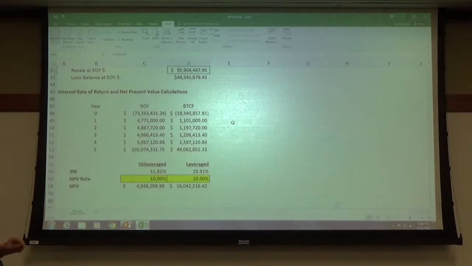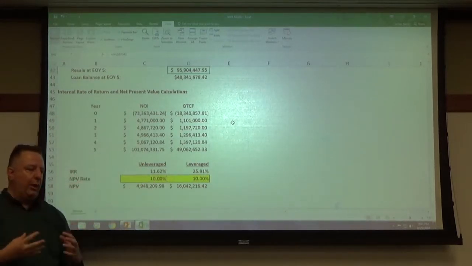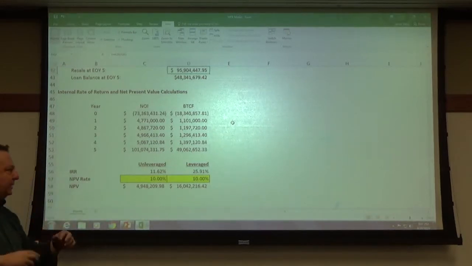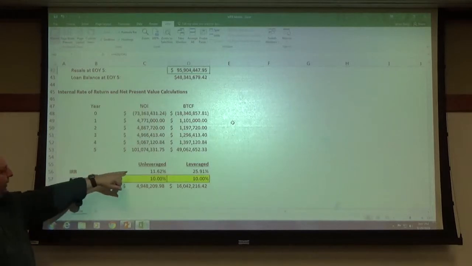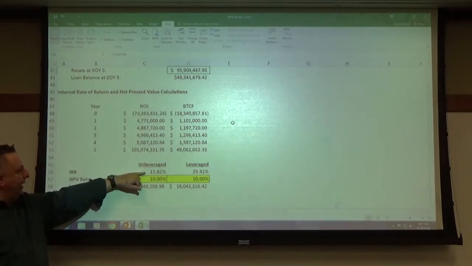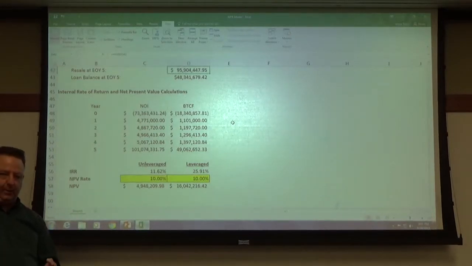So what that, in essence, does is, with the calculator and with Excel, the calculations that it does, in essence what it's saying is that 11.62% is what the actual return is on the deal.